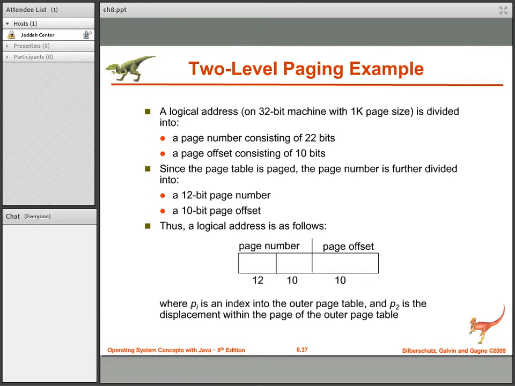Since the page table is paged, the page number is divided into a 12-bit page number and a 10-bit page offset.